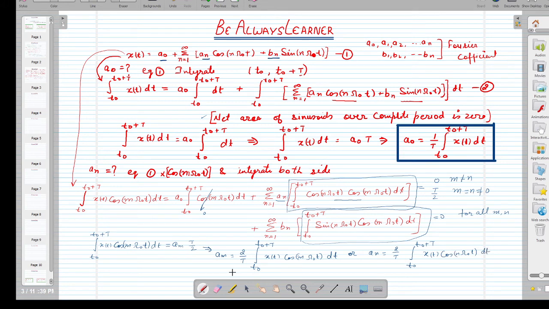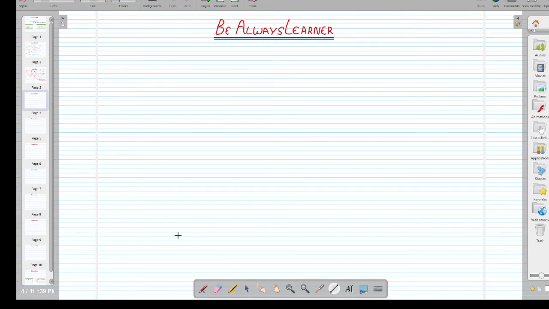So that is another Fourier coefficient value we can have. So we are able to calculate a naught here and an here. Now we are proceeding towards another Fourier coefficient, that is bn. bn we are going to calculate.